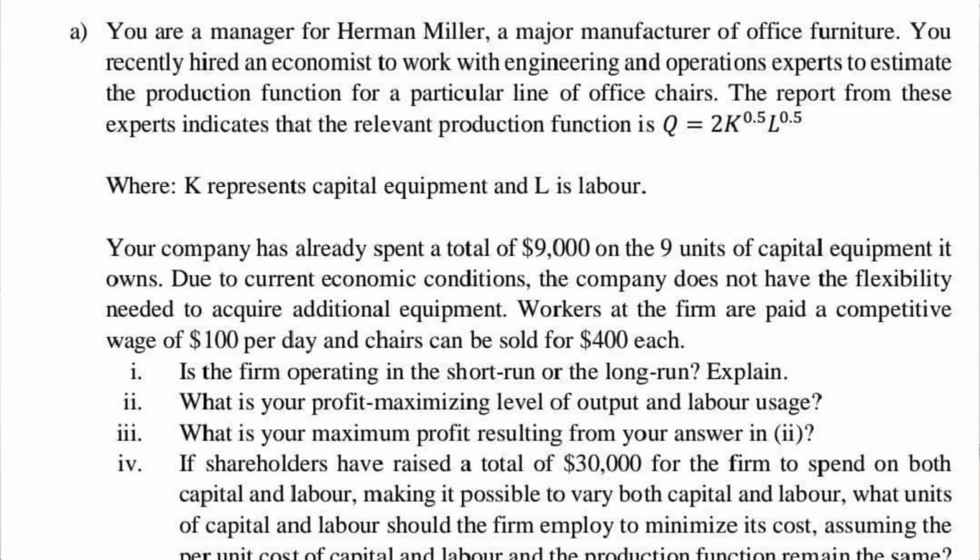You recently hired an economist to work with engineering and operations experts to estimate the production function for a particular line of office chairs. The report from these experts indicates that the relevant production function is Q equals 2K^0.5 L^0.5. That's the production function we have, where K represents capital, equipment, and L is labor.